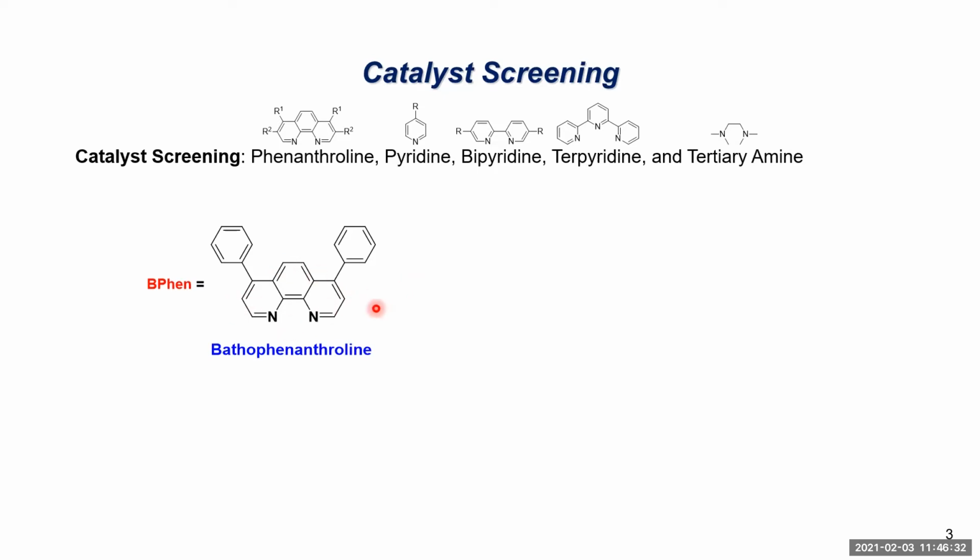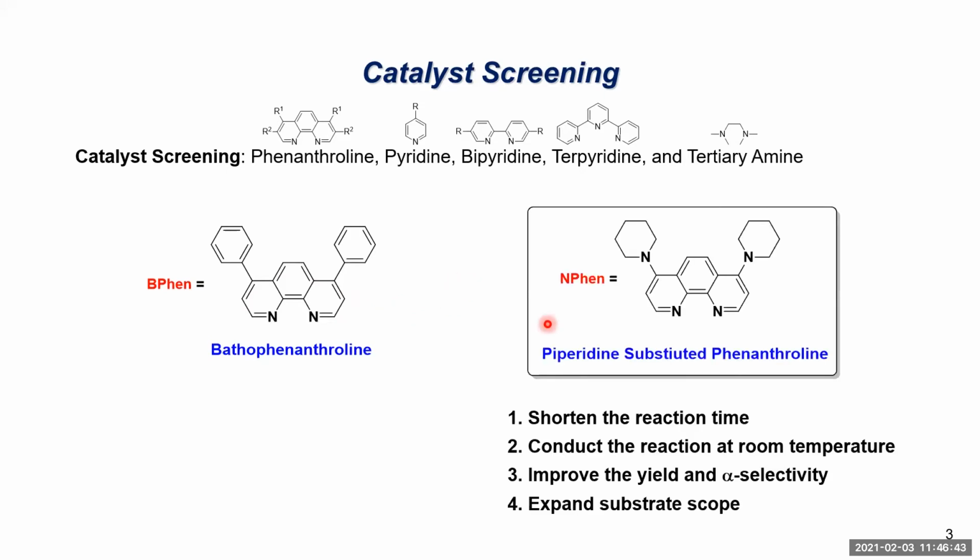With that, we synthesized more non-commercially available phenanthrolines, and we found that this piperidine-substituted phenanthroline gave us the best result. It not only shortened the reaction time, but we can also conduct the reaction at room temperature. It improved our yield and alpha selectivity, and in the end we were able to expand our substrate scope.